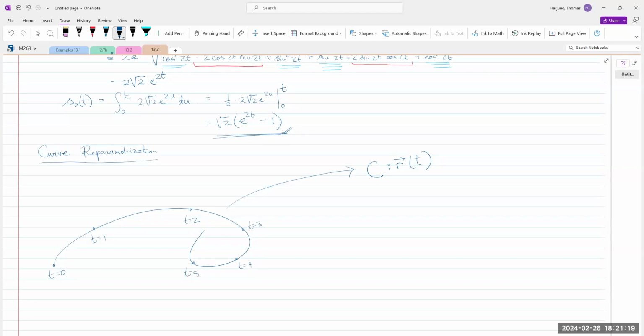But the time keeps on ticking, and then the street is almost straight and there's no traffic, so we go faster. So you see, between time to time, this length here is 1 unit of time, but the length is different from here. It's still 1 unit of time, but the distances are different.